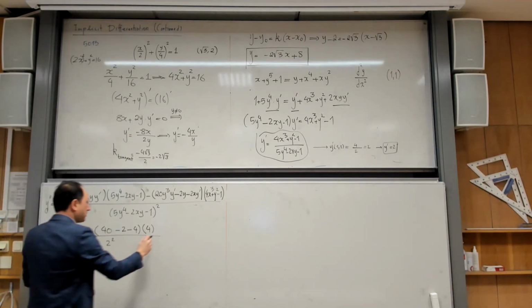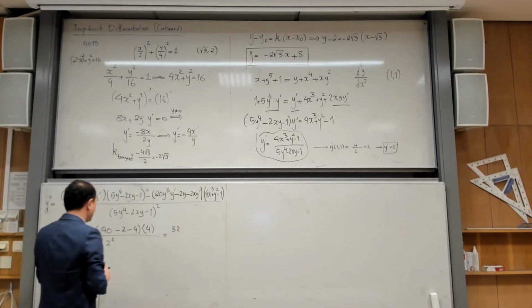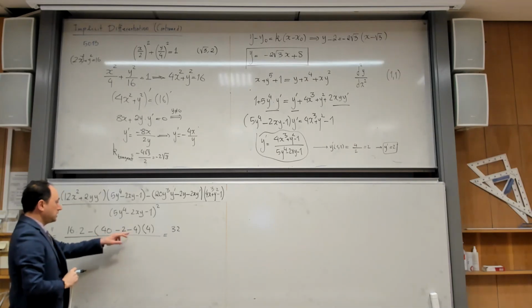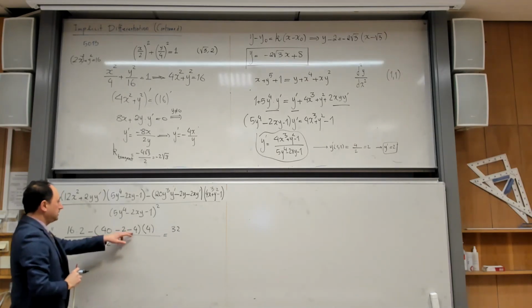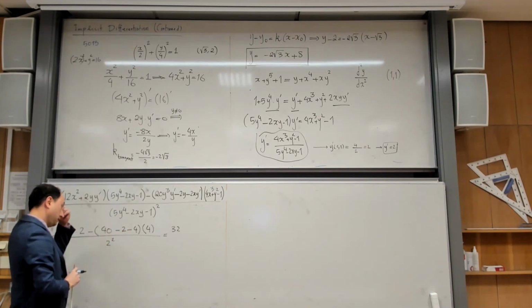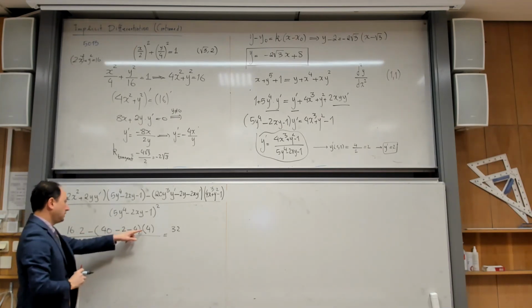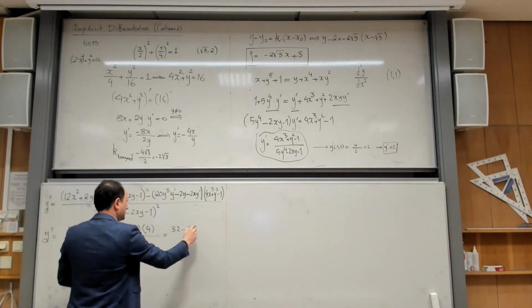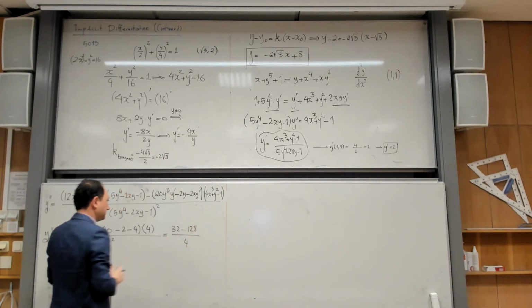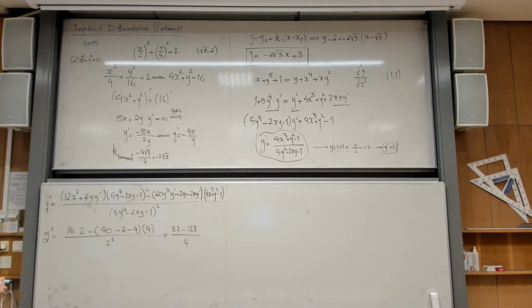So this becomes 32. So 40 minus 2 minus 4 is how much? Is 34. Multiplied there, it becomes 128 divided by 4. Am I right?